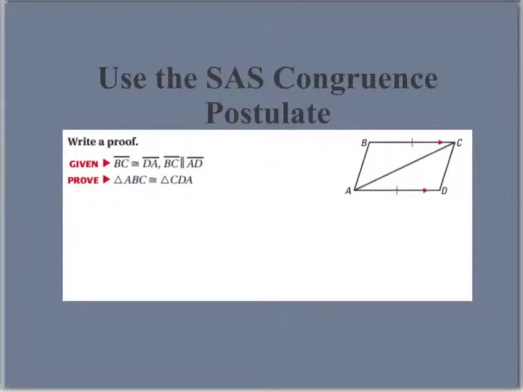So let's go ahead and use this. Okay, just a quick proof. Got two triangles here. Looking at the two triangles, I can see that they share that side in the middle. Got some parallel lines, so I see some alternate interior angles being congruent, and I also see another pair of alternate interior angles being congruent.